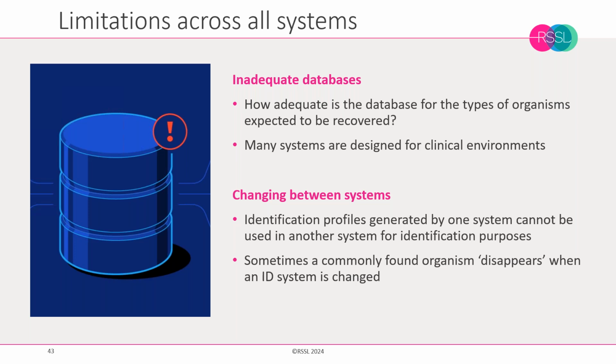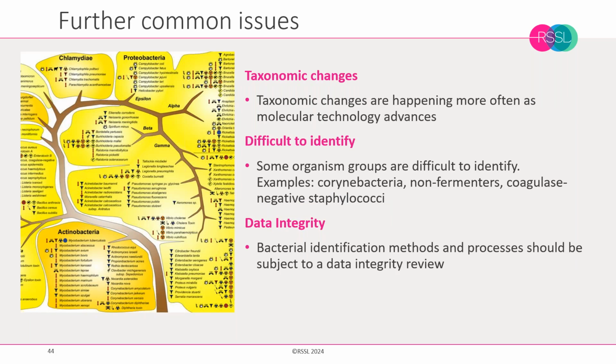And again, something else to consider with databases is when we change between systems, the databases might be very different. So we might see what looks like a shift in our microbial profile, but it might not actually be a shift in the microbial profile. It might just simply be the way that the two different databases are aligned. And we're also going to have taxonomic changes.